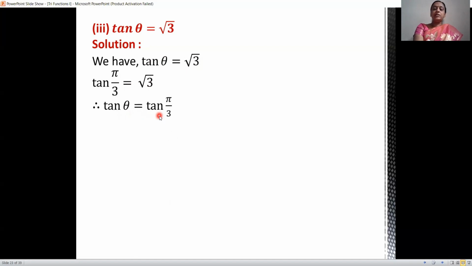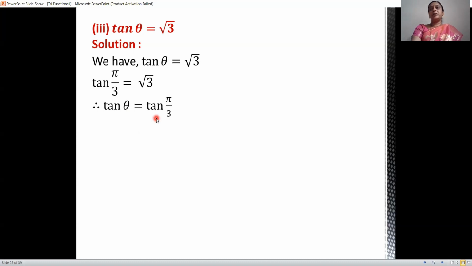Then our aim is to check in which remark this type of function occurs. See in remark 2, the third formula, the third theorem is tan theta is equal to tan alpha. This function is of the type tan theta is equal to tan alpha.